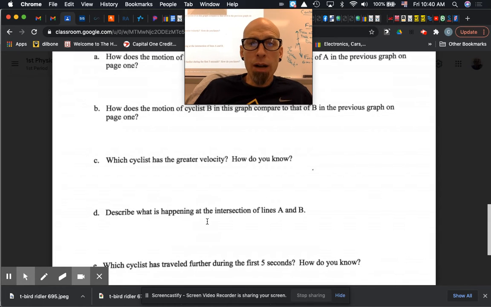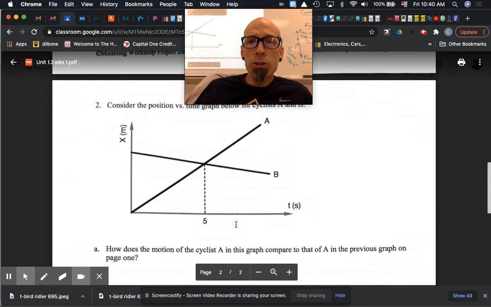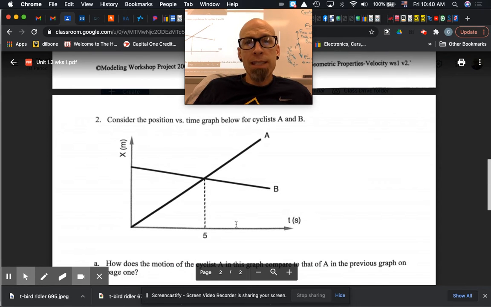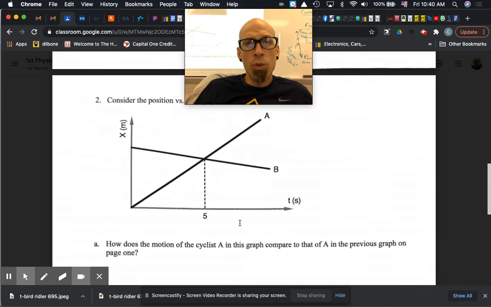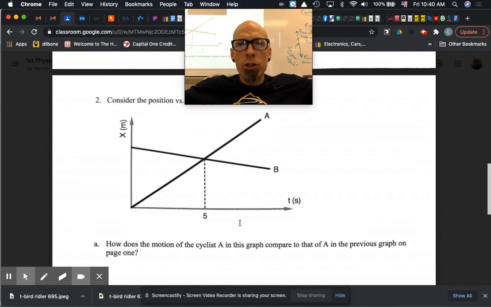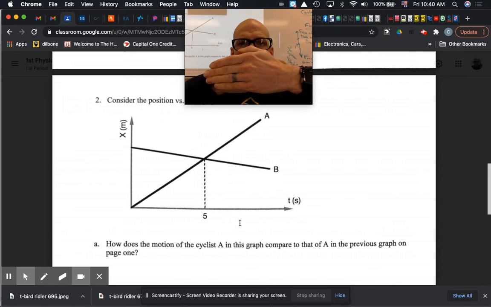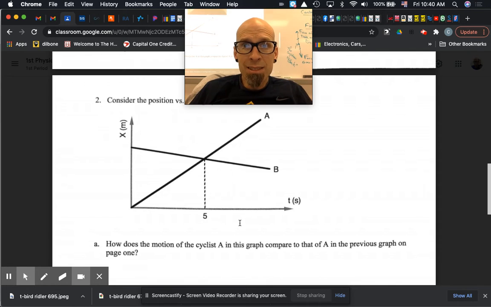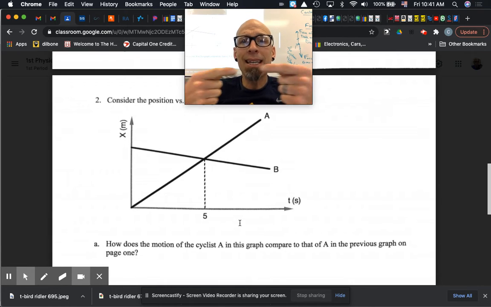D. Describe what is happening at the intersection of lines A and B. Now, in the last one, since they were both going in the same direction, we said that A was passing B. Now they're going in opposite directions, which means I would probably not say that A is passing B. I'd say they're passing each other.